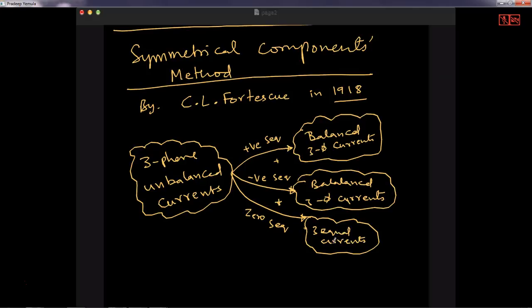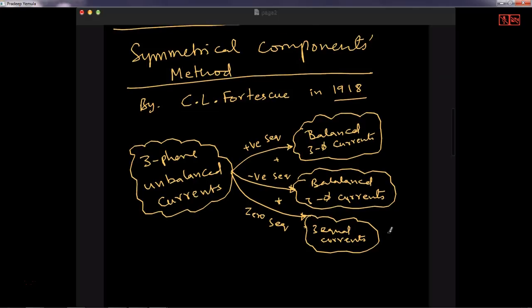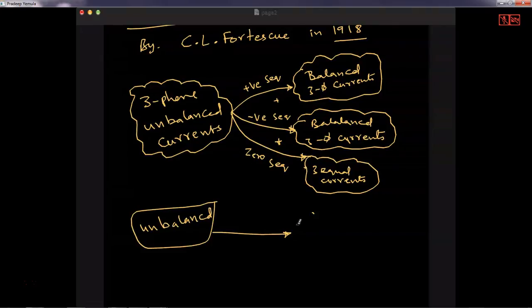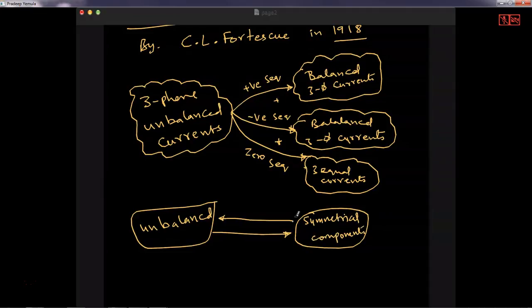Like this. So this transformation is called the symmetrical components method. Either I can go from unbalanced to components, or from symmetrical components I can go to unbalanced components. So I can convert it. Let me explain what this is.